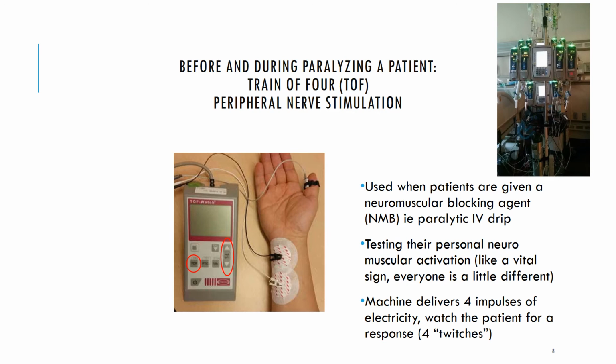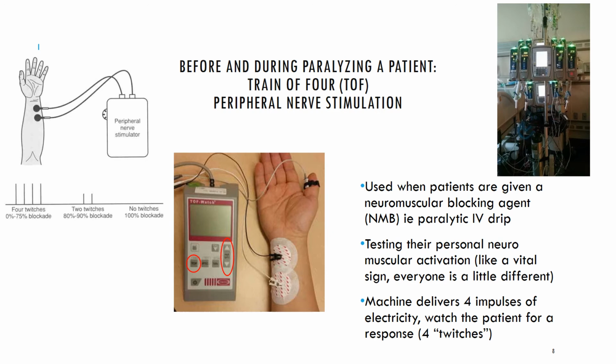And this is usually quite subtle. So if someone's hand twitches 4 times after receiving that train of 4, those 4 impulses, all of those impulses got through and communicated to the muscle. Therefore, we are not blockading their neuromuscular junctions as well as we should. They're not truly 100% paralyzed. They might be a little paralyzed, but not as much as we would like in the ICU.